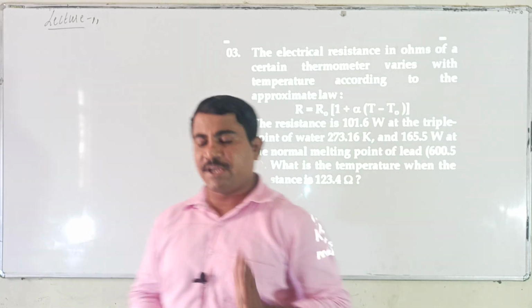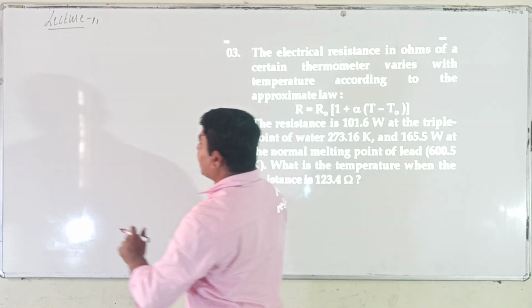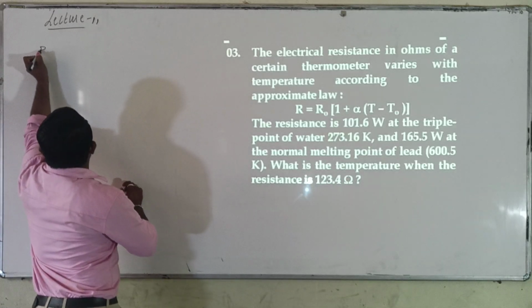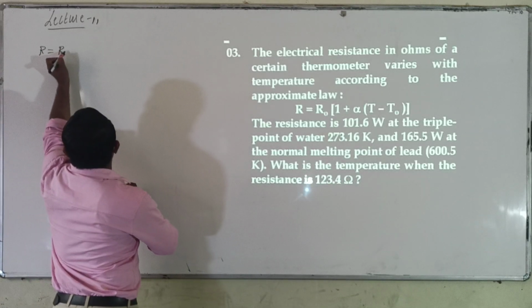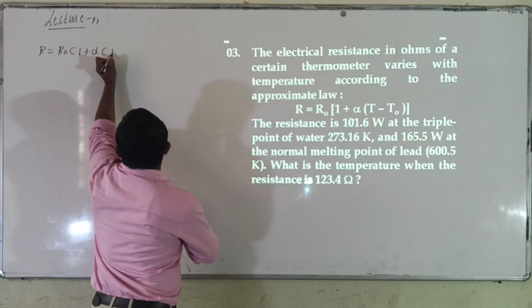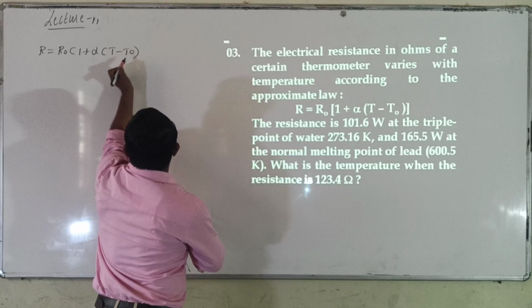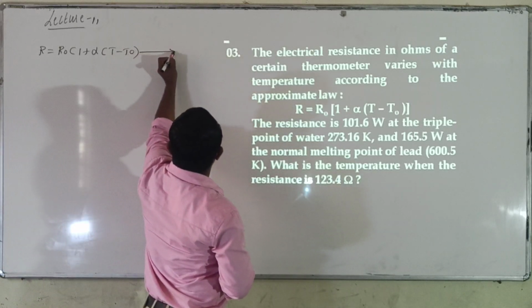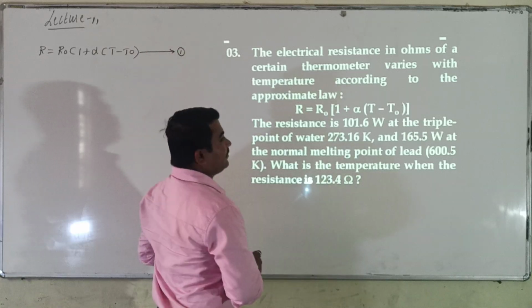Very simple. Shall I take here? The resistance of the conductor changes according to this relation. Resistance R is equal to R naught into bracket 1 plus alpha into T minus T naught. Shall I call this equation number 1? Right or wrong?